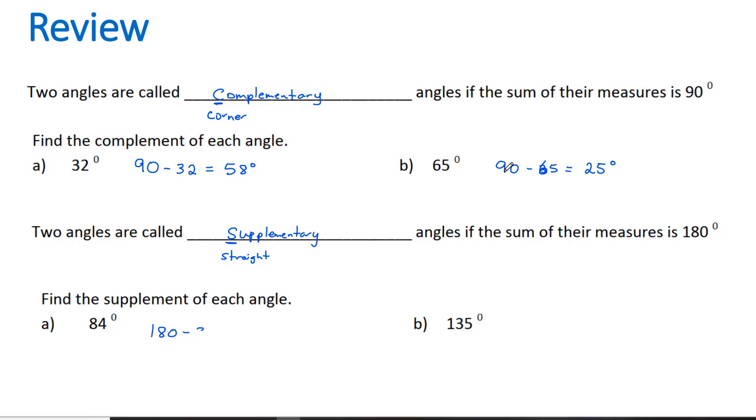So we're going to take 180 minus 84, and that's going to give a result of 96 degrees. So 84 and 96 degrees are supplements. For 135 degrees, we again take it away from 180 to see what its supplement is. And when we do that, we get a 45-degree angle.